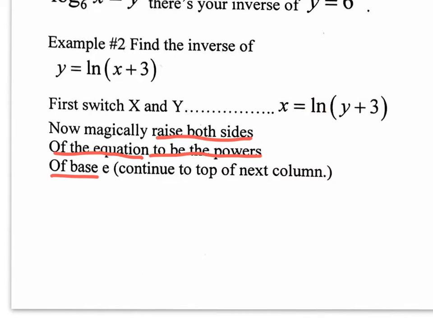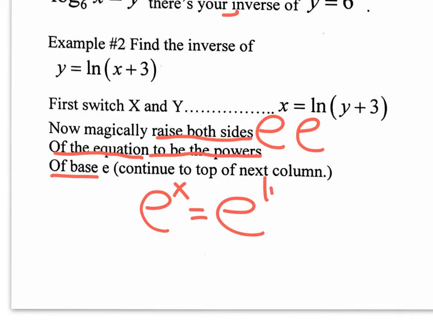So if I were to make it e to the x and make it e to the ln of y plus 3, then the e to the ln would cancel out. So what I did was I raised the left side to be the power of base e and raised the whole right side to be the power of base e. Let me rewrite it. e to the x equals e to the ln of y plus 3.